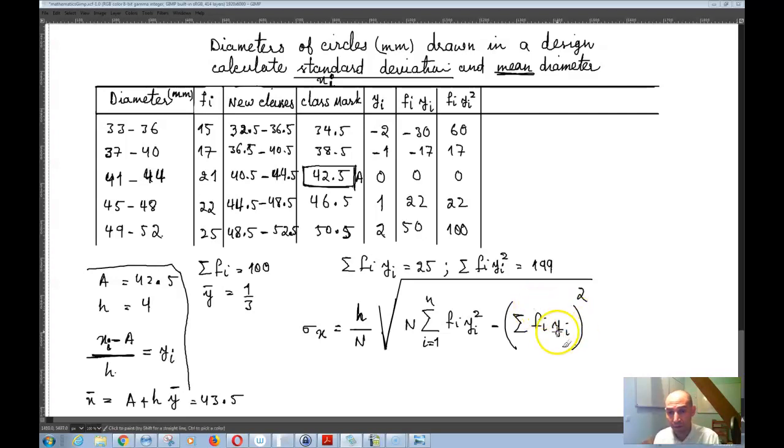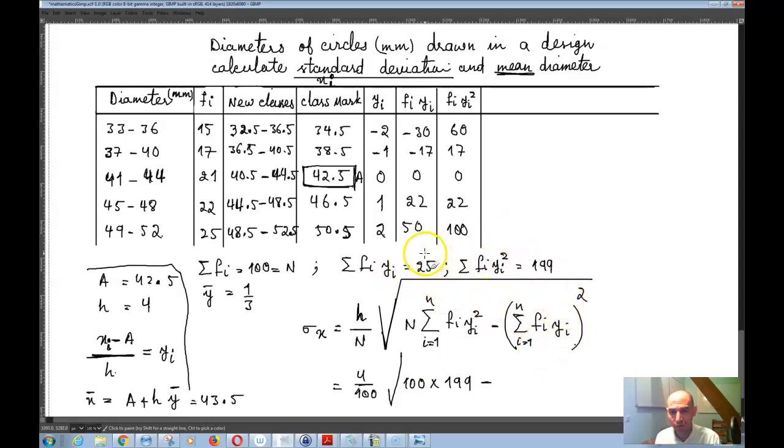Just to make sure that I didn't make any mistakes here, let me add these numbers together. 199. And sigma of f of i y of i as i goes from 1 to n, we have already calculated that. So I can write this as h, which is equal to 4, divided by n, which is sigma f of i, that's 100, times the square root of n, which is 100, sigma f of i y of i squared is equal to 199, minus sigma f of i y of i whole squared.